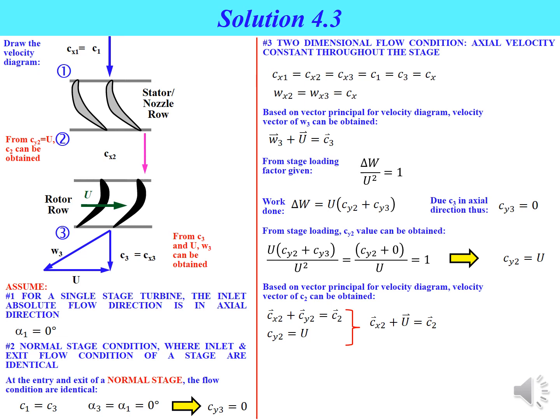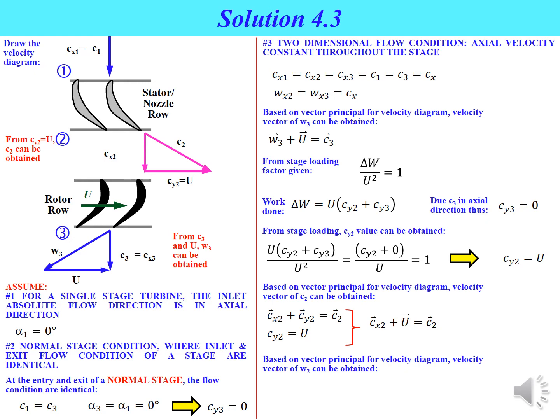So from Cy2 equal to U, C2 can be obtained in terms of velocity diagram. Okay, look at the velocity diagram. So Cx2 plus U, so you will obtain the vector for C2. So now the velocity diagram represents the velocity diagram at the inlet of the rotor or at the outlet of the nozzle.